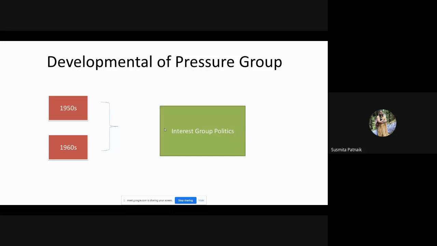When the people inside a political system become organized, become corporate, become urbanized, and become educated, they want certain types of issues in their favor. So in order to get them, they form certain types of organized groups, and those groups become the pressure groups in the coming scenario.